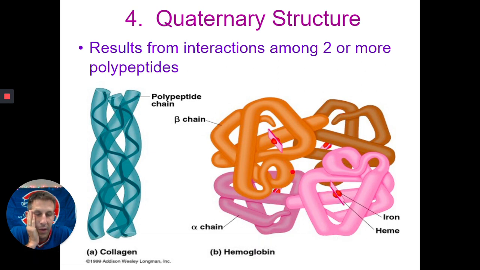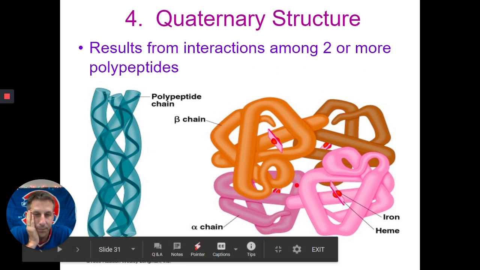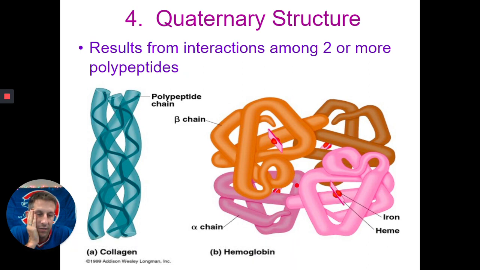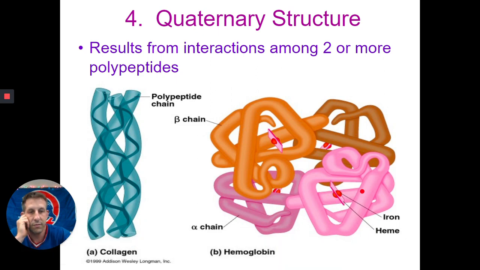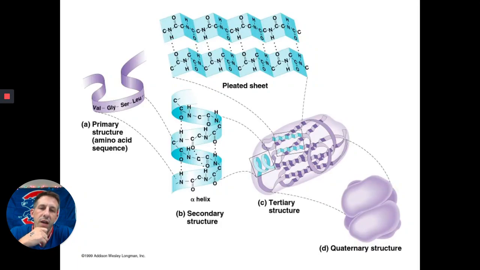It shows some secondary structure here in the alpha helix, some here with the beta pleated sheet, all mashed up into this blob called the tertiary structure. And that blob is held together that way because of the interactions of the variable group R side chains. Okay, and then we take one of these big blobs, put it together with a bunch of other big blobs, and you get your quaternary structure, which is your fully functional protein.